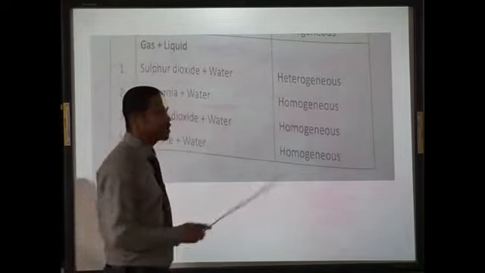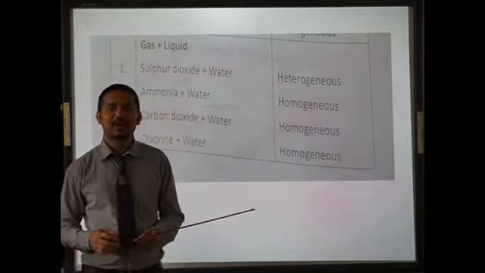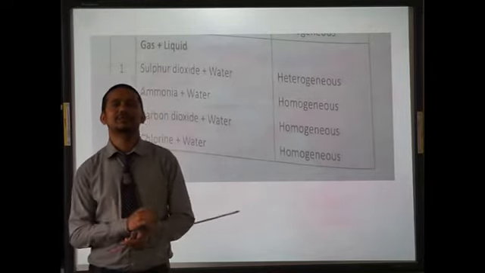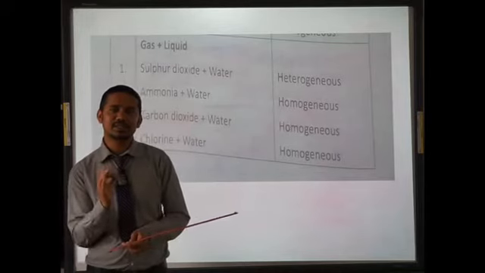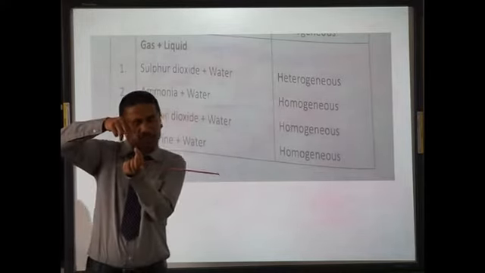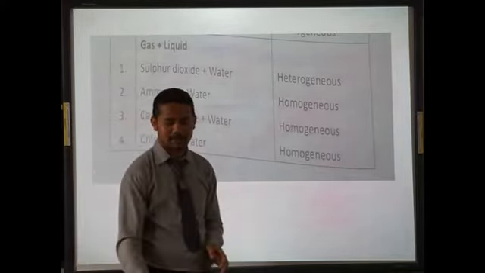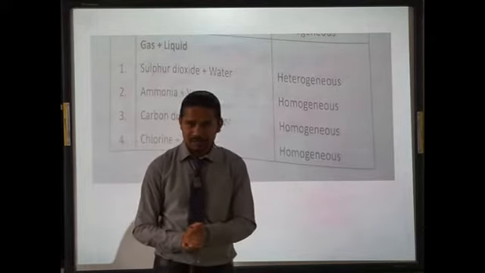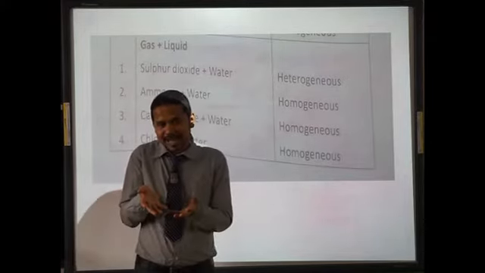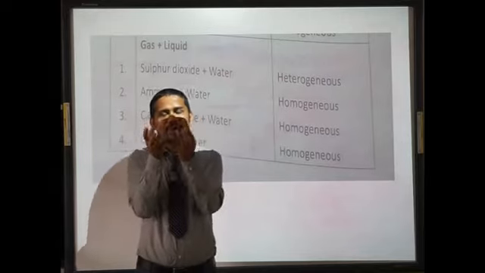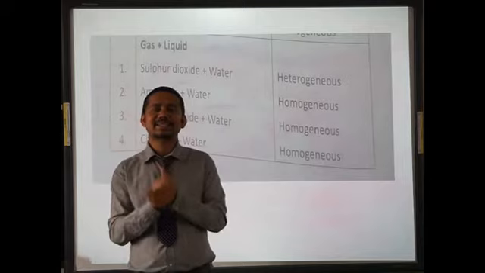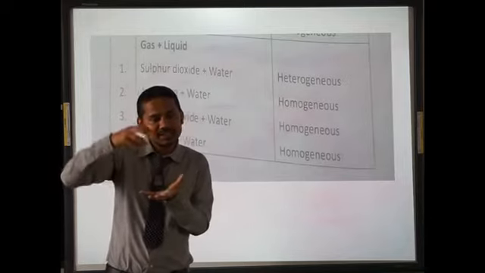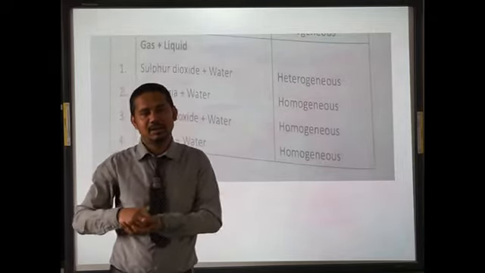For this we are using it in our daily life. All of you like to have soft drinks in this summer. So whenever you open a bottle of Coca-Cola or Pepsi or Thums Up, whatever, gases come up. You can see the bubbles coming up. So these gases are carbon dioxide, which was dissolved in water.